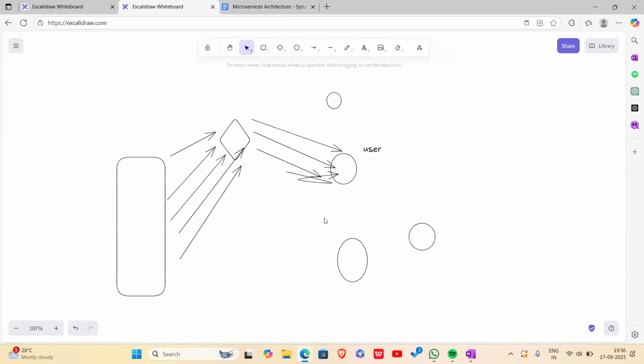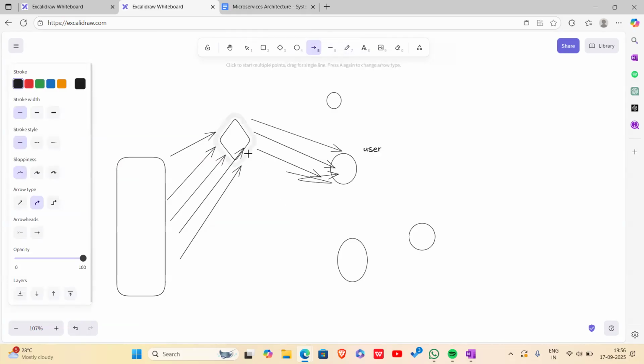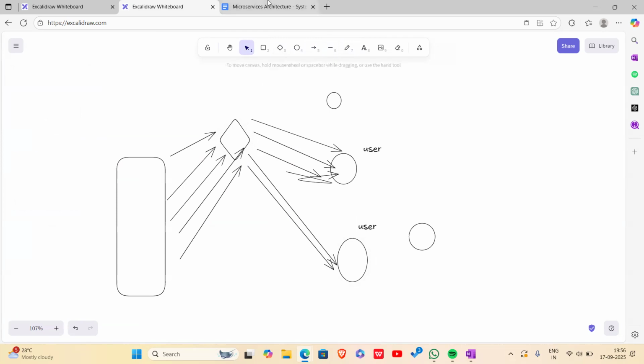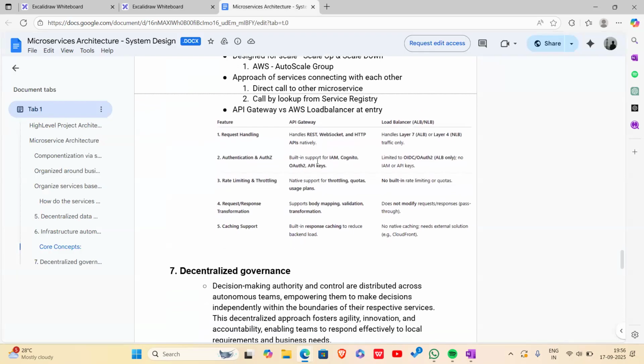Auto scaling up means running another service in the same way. Already there is so much load now, so they go to the same service. These also use the service. So that is what scaling up is.